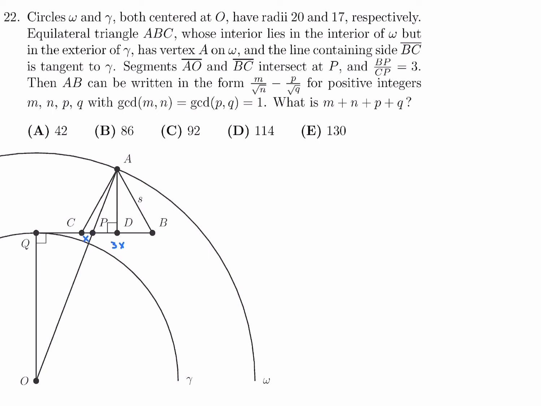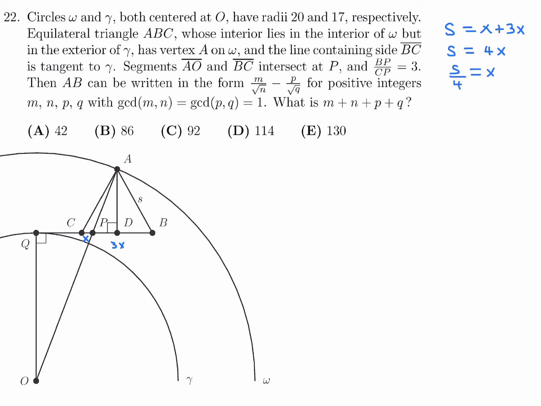That whole side is called S, since it's equilateral. So S is equal to x plus 3x, and therefore S, the length of the side, is equal to 4x. I can also write x as S over 4.